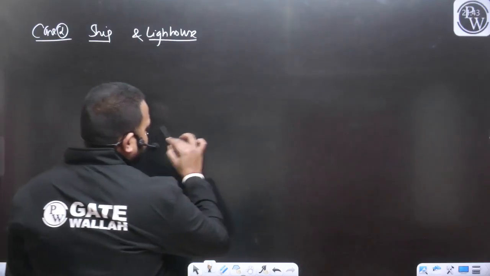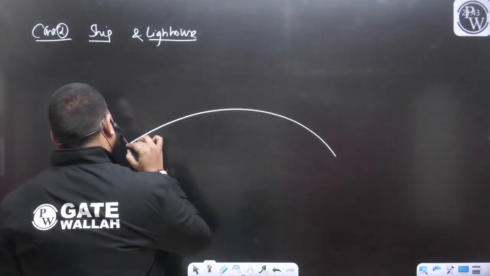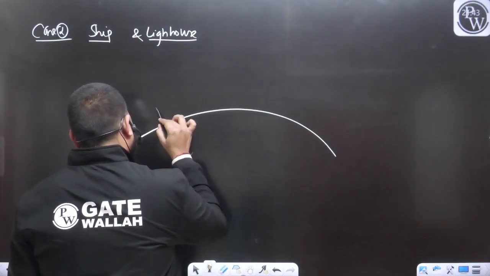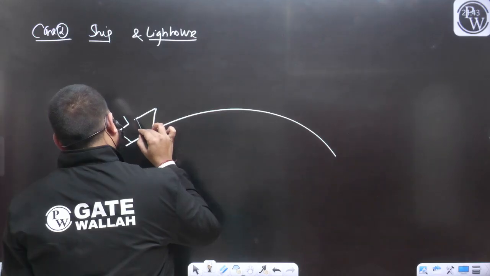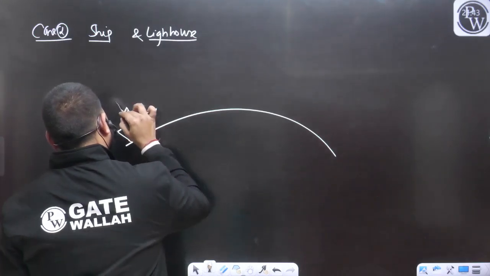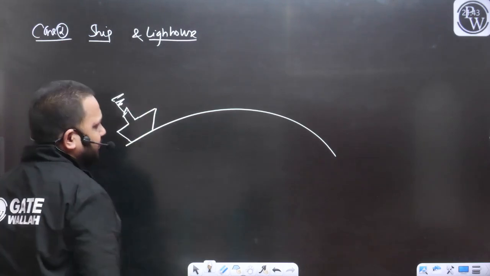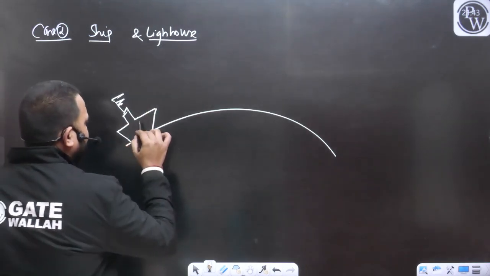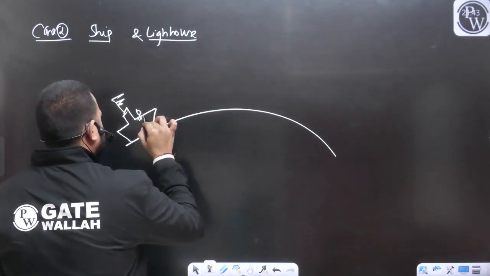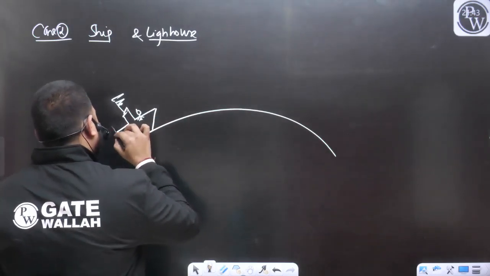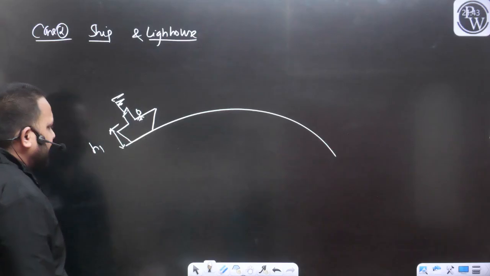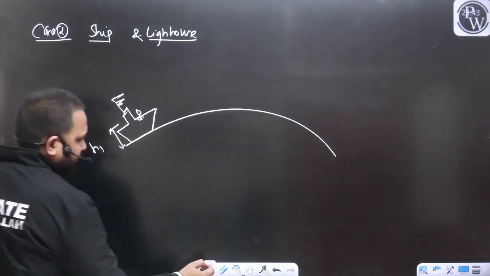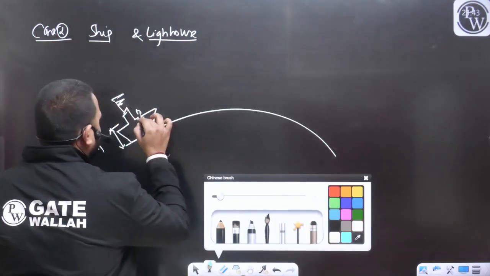Yes or no? So for example, this is your surface. Let's say this is the ship. My drawing is very poor, so please don't mind. Let's say any observer is standing at a height of h1 on the deck of the ship.